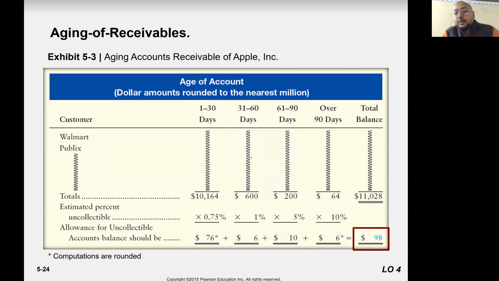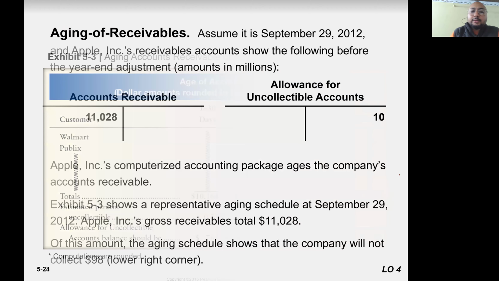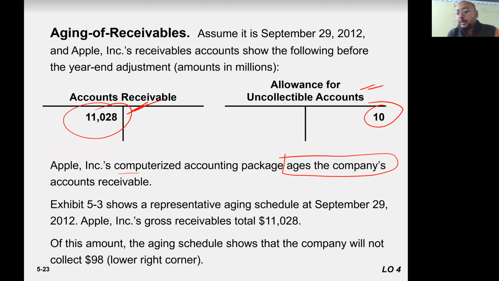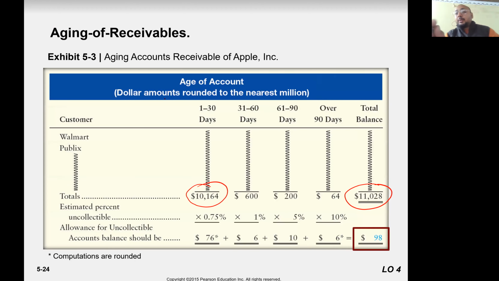In 1 to 30 days, the company is going to receive 10,164. So the total balance is 11,028. They segregate it into a number of days according to their age.